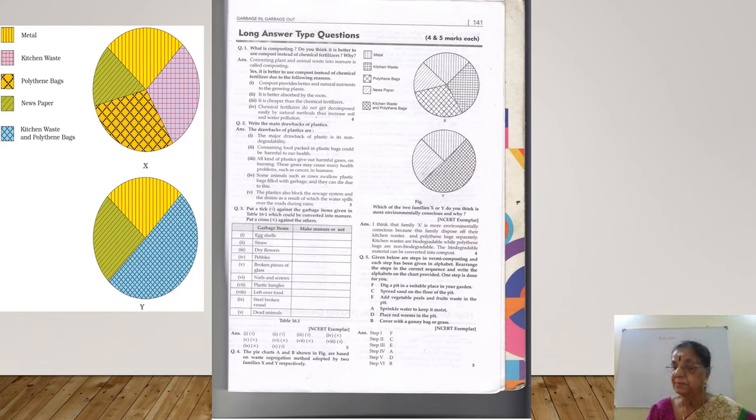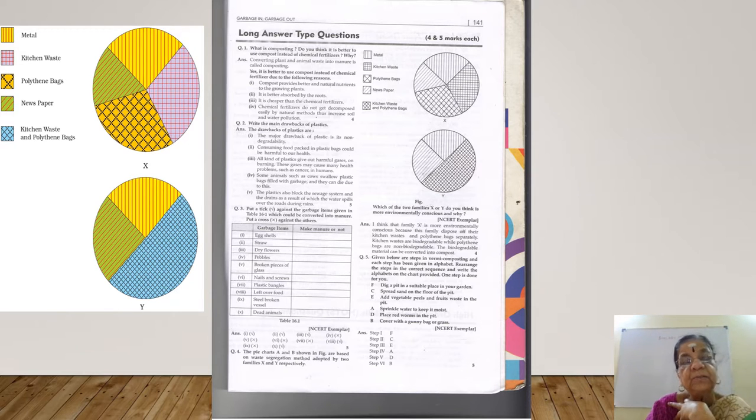Look at this pie chart. What is given here? It is the pie chart. Right? There is one family X and another family Y. This is family X and this is family Y. The lines in family X's chart are metal waste, kitchen waste, polythene bag, newspaper.